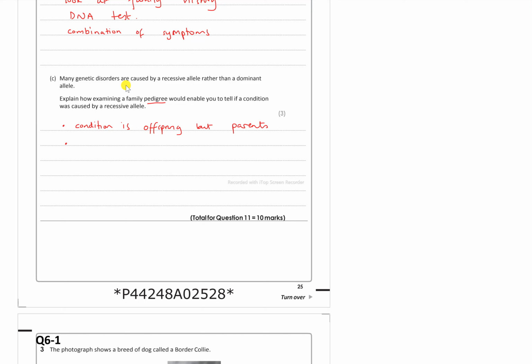The condition may even skip generations, and you may be a carrier of the gene, but not have the condition. So it could be recessive.